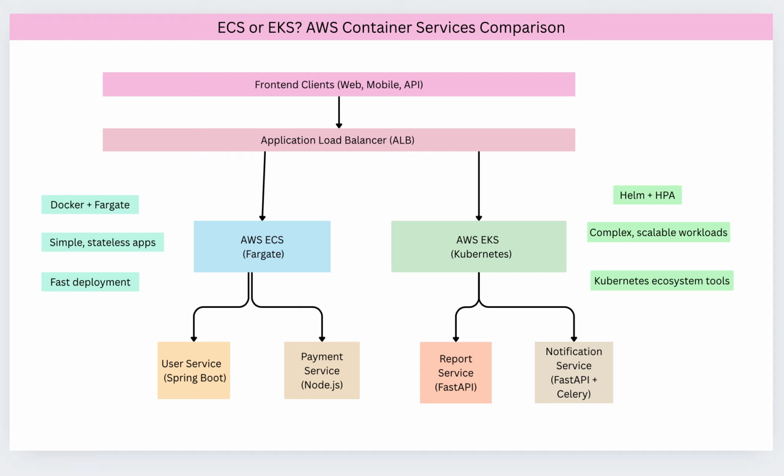This ALB acts as the entry point to our microservices platform, routing traffic intelligently based on the type of service and its requirements. The ALB routes the request either to AWS ECS or AWS EKS. This routing decision is driven by the complexity and scalability needs of the service.